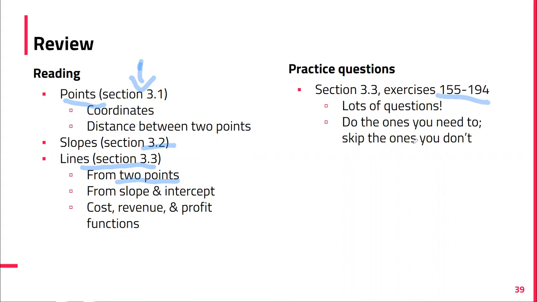Our textbook is very good with the review questions in that it splits them up by section and by particular skill. So here's one very specific skill, and here's 20 questions to practice this one. Here's the next very specific skill and a whole bunch of questions. So you can easily find: this is easy for me, I'll skip those ones; this is where I'm having trouble, I'll do a bunch of these.